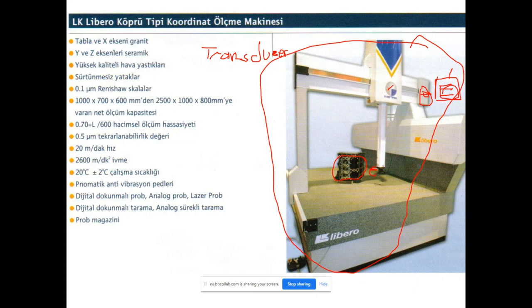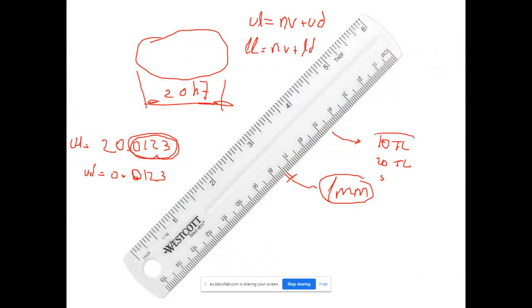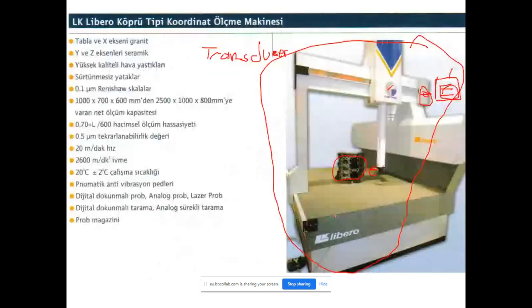Well, a very expensive transducer. Elementary school ruler, 10 liras. You can see the integer part only. This one is in the order of a million Turkish liras. Very expensive.